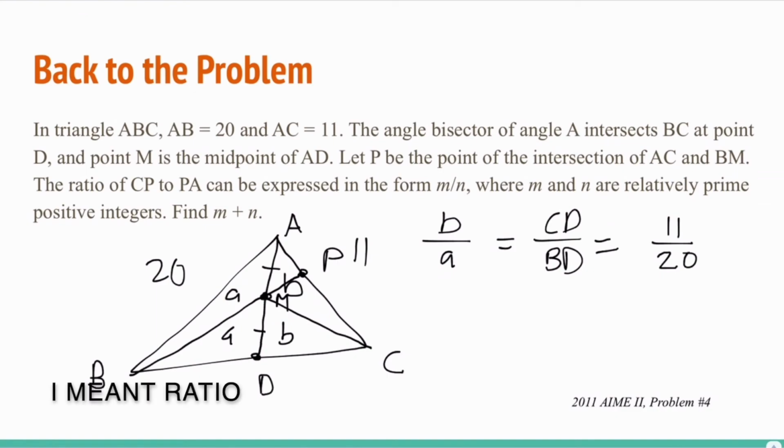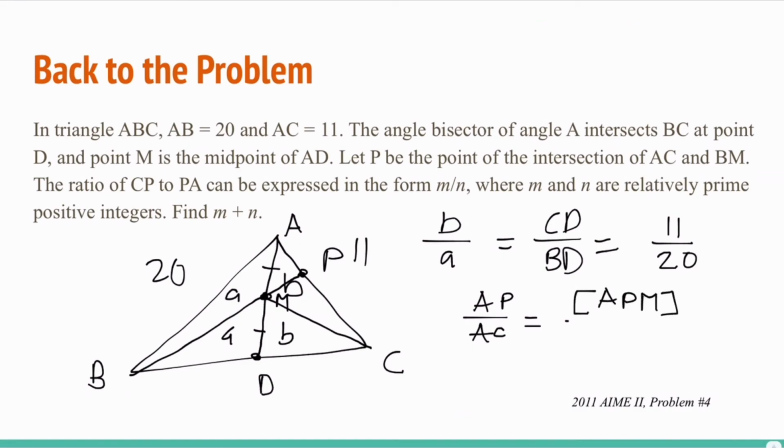So what length do we actually need? Well, let's look at ABC, but with B as the top angle. We want AP over AC, and AP over AC is also equal to the area of APM divided by the area of PMC. But it's also equal to the area of ABP divided by the area of PBC.